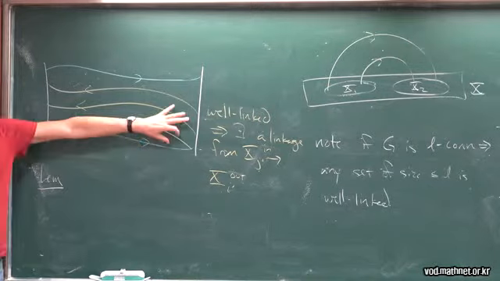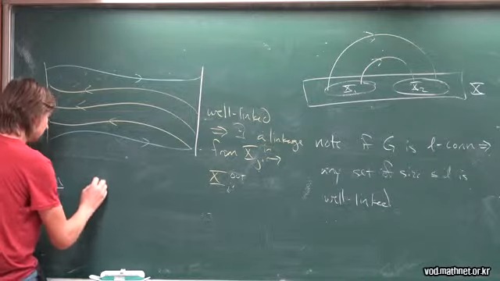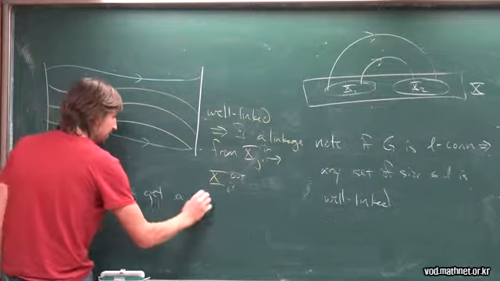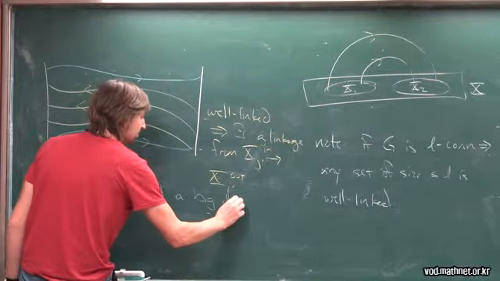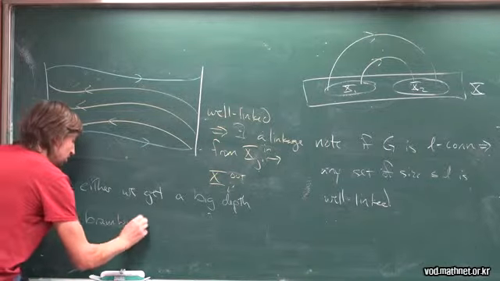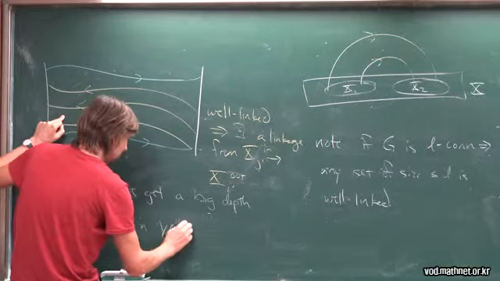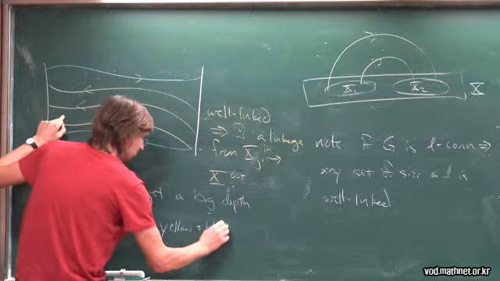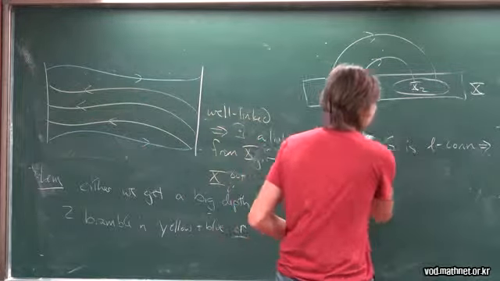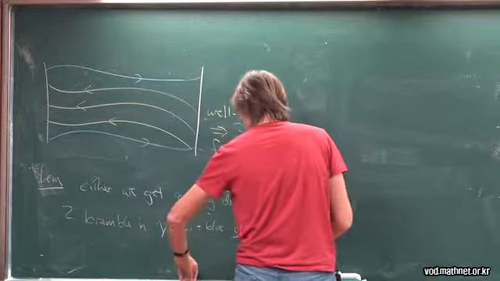Okay, so these yellows are all looping back this way, and the lemma says that either we get a big directed bramble in yellow plus blue, or the following happens.